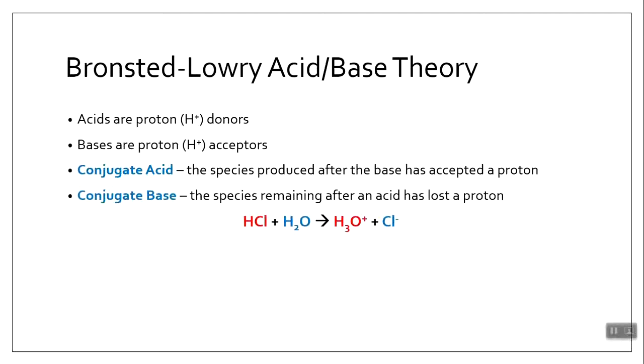So if you take a look at this example, we have our acid, which is hydrochloric acid, and in this case, water is going to act as our base, okay? And now if you look on the right side of the arrow, we see that there's a hydronium ion, H3O+, and a Cl-. Well, can you figure out what happened here? So this right here, HCl and Cl-, is a pair, okay?